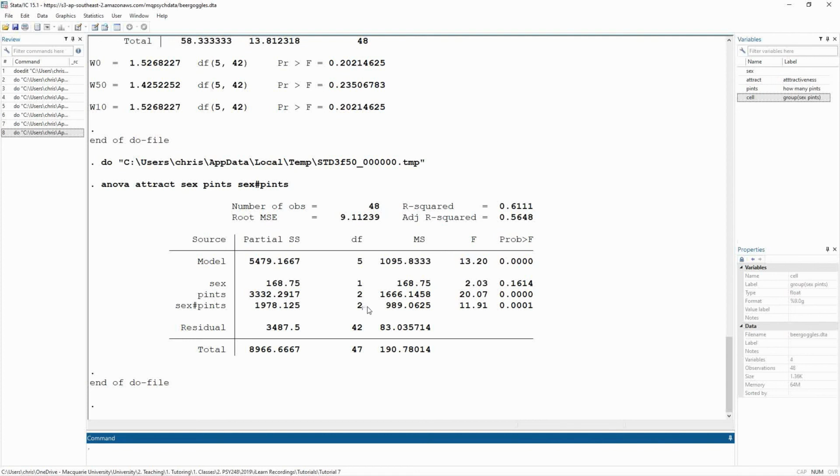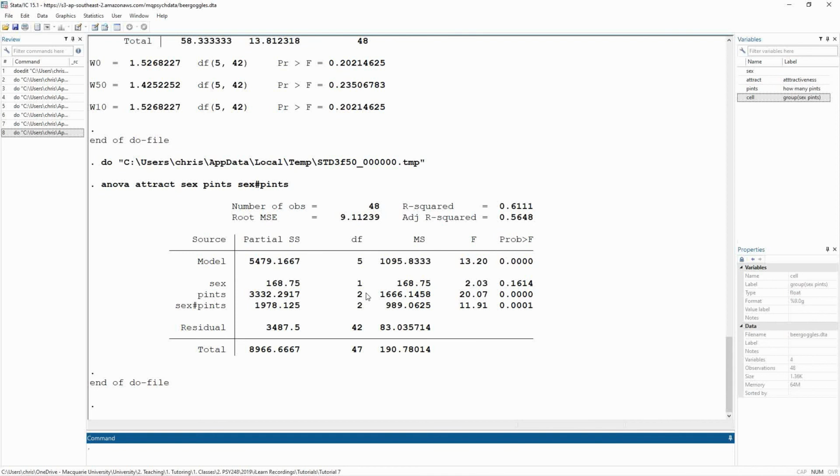The degrees of freedom for the interaction are calculated a little bit differently, despite the fact that there are 6 means. And the reason for this is you still need to maintain the data structure that it's 2 by 3. So to calculate the degrees of freedom for the interaction, I actually multiply my degrees of freedom together. So it's 1 times 2 would give me 2.